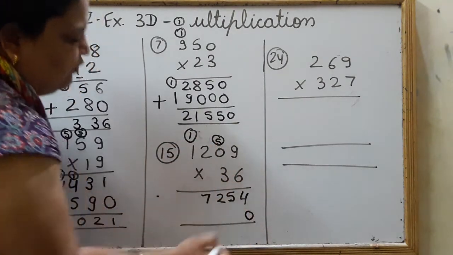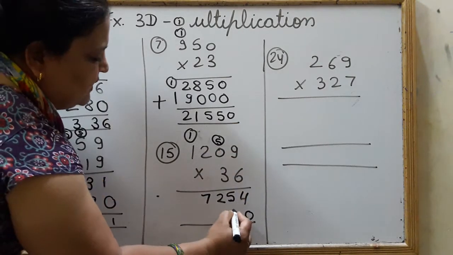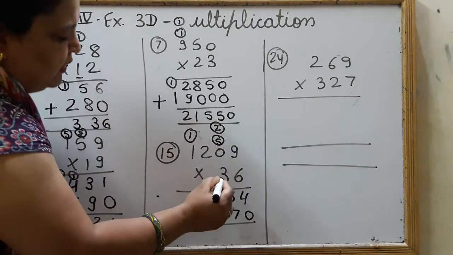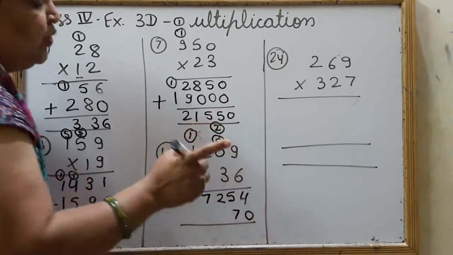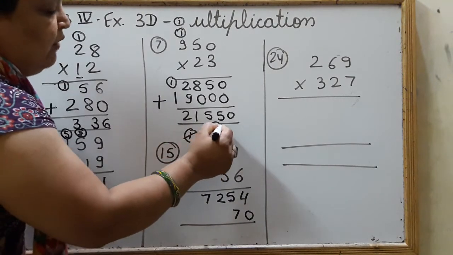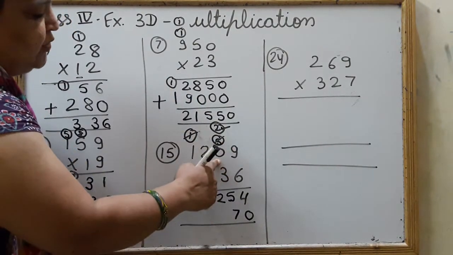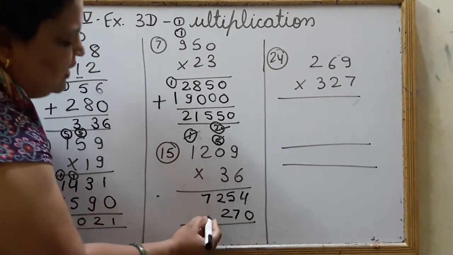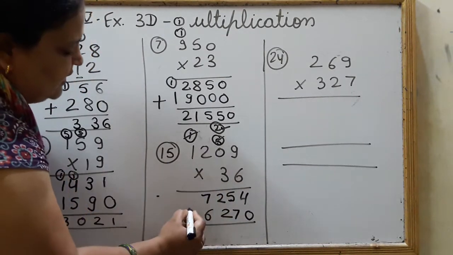Now 0 we have to put, 3 9s are 27 and 2 carry. We have to write the carry above that number. 3 zeros are 0 and 2. You have to take care, you don't have to add this carry, but the upper carry. 3 zeros are 0 plus 2 is 2. 3 2s are 6 and 3 1s are 3.